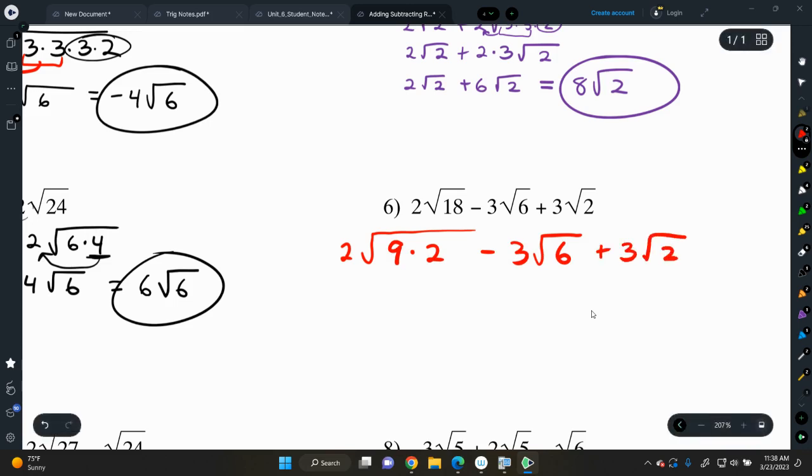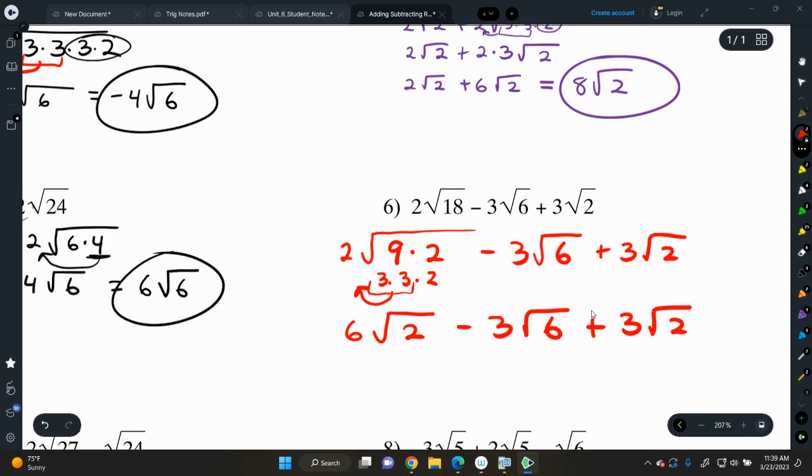Okay, so how about this? What can I do with this 9 and 2? 3 times 3, okay. And then what? Okay, let's bring those 3's out. Right? So when I bring the 3's out, I have 6 outside and 2 inside. Okay, now let's look and see what we have. Okay, so where are my like terms?